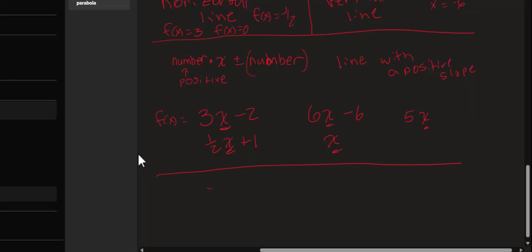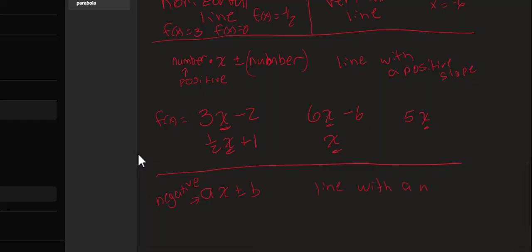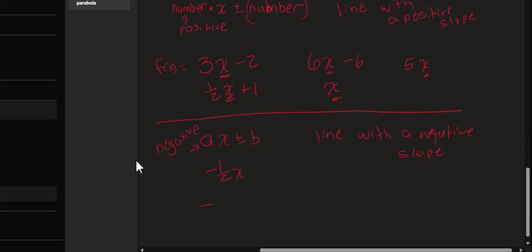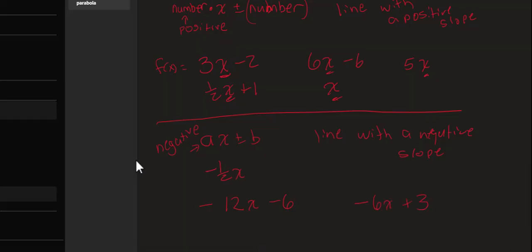If I have ax plus or minus b, where this number is negative, then I have a line with a negative slope. So -1/2 x, that's a line with a negative slope. -12x minus 6. -6x plus 3. What's important is this number in front of the x. If that's negative, it's a line with a negative slope.